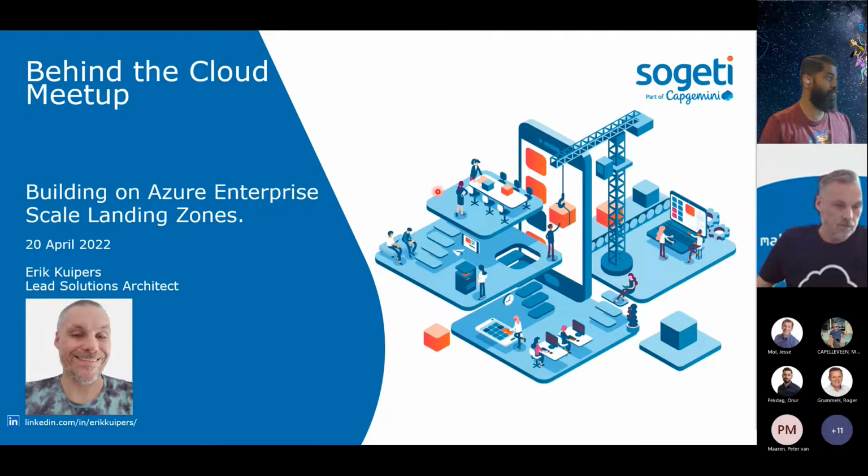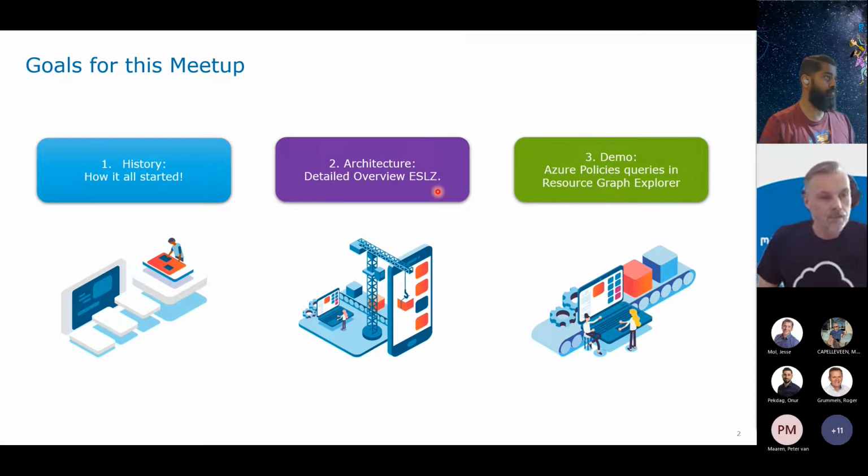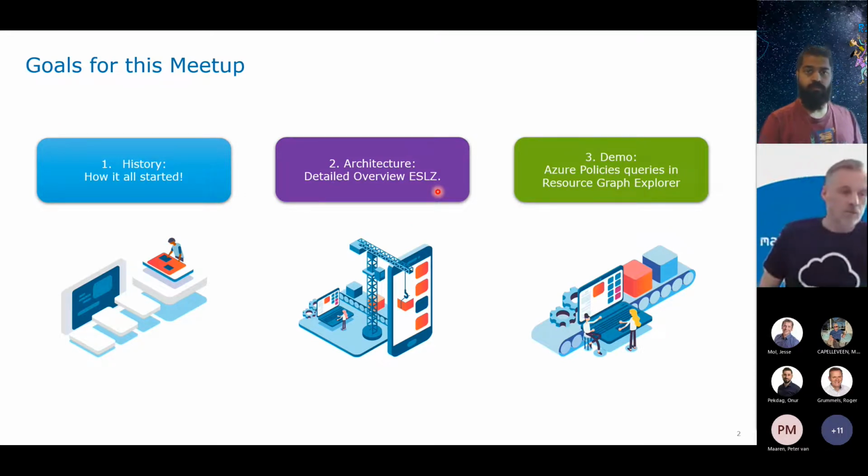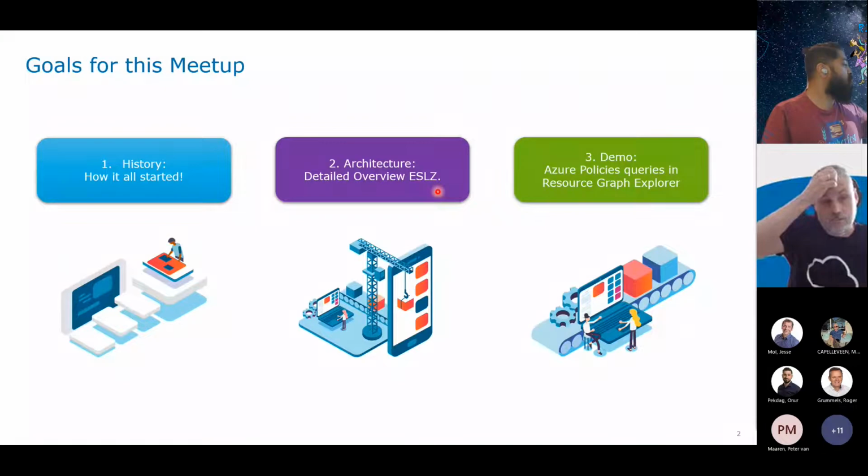Let's see if it will change. Yeah. So the goals for this meetup: I want to tell you a bit about the history, so how it all started with Azure, and how we came to the current reference architecture, which is the Cloud Adoption Framework. We're going to look at the architecture and a more detailed overview of the Enterprise Scale landing zones.